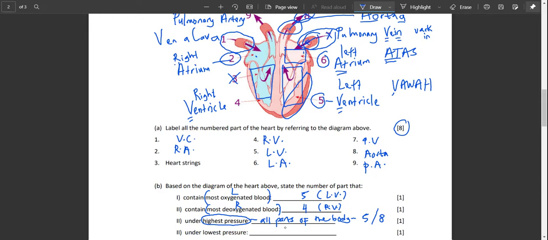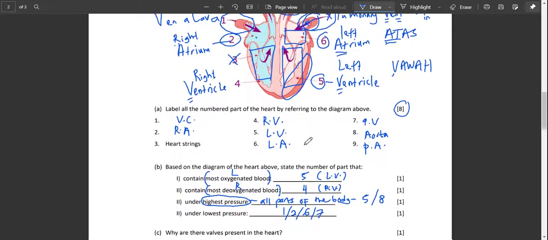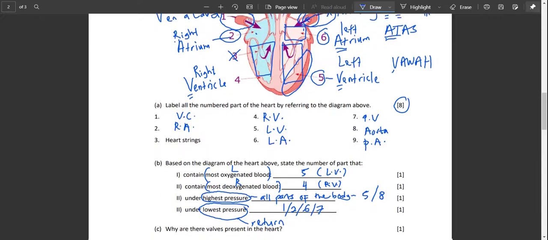So there are 4 possible answers: 1, 2, 6, and 7. If you write down any of those numbers, you get 1 mark. So again, lowest pressure is when it returns back to the heart. Because if the pressure is high, your heart will not be able to withstand it and you might get heart attack.